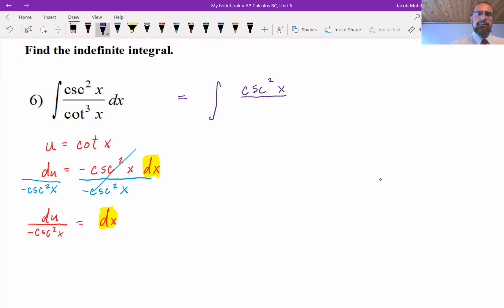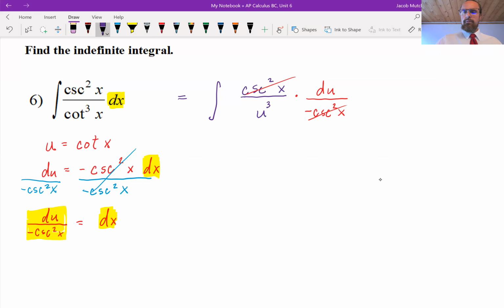So if I've got my denominator cotangent cubed x, I can substitute that for u to the power of 3. And then my dx, I've highlighted it here. I want to place in this whole du over negative cosecant squared of x. Now place that in there, and what we're going to see is a cancellation right away. So negative cosecant squared x matches my numerator, so that's going to cancel out.